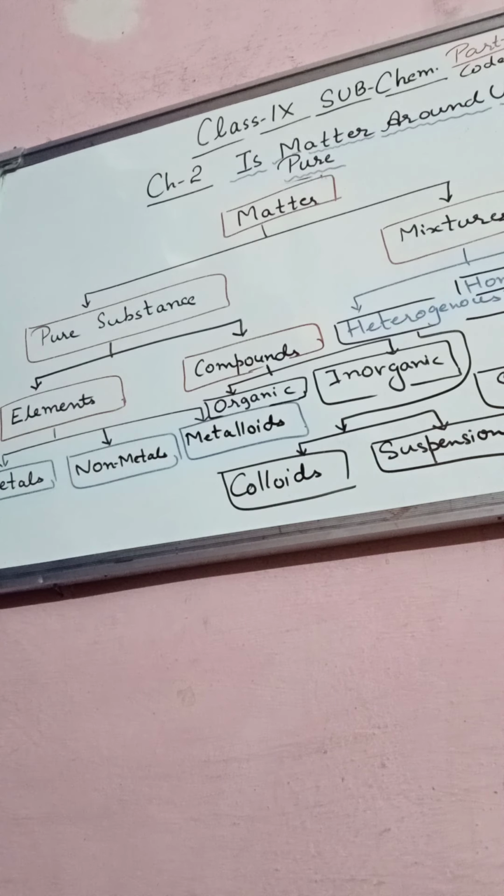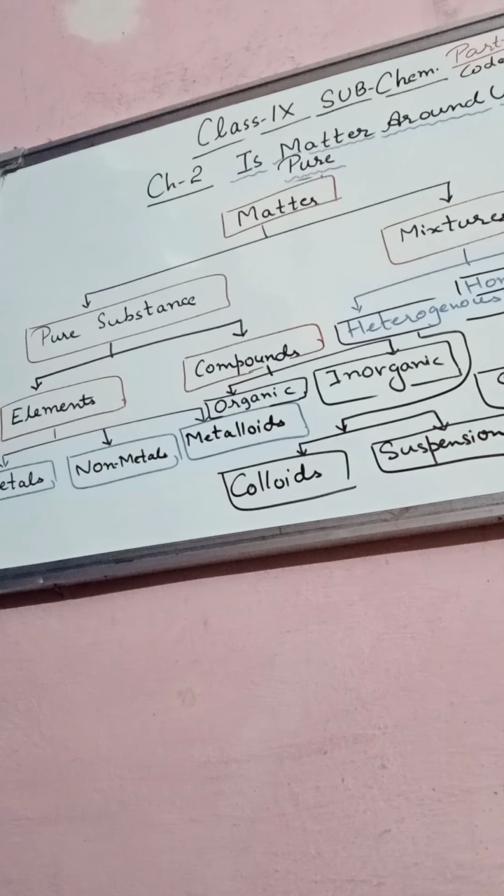For example, you take water and sugar or water and salt. When you make this mixture, you will observe that it is totally dissolved. The particles of salt are intermingled with the water, so they have a uniform composition.